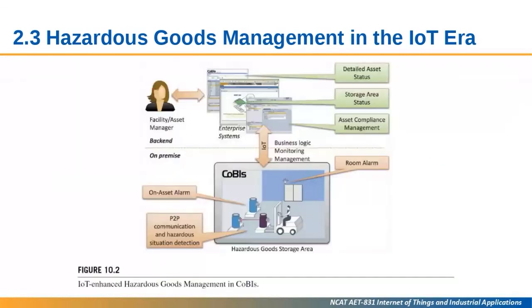So for example, maybe several years ago, material A was considered to be compatible with material B, but recently people found that they are really not that compatible. They may be dangerous to put together. So the backend system can actually update the sensors on the liquid drums, so that now if A and B are too close to each other, the warning will be triggered.